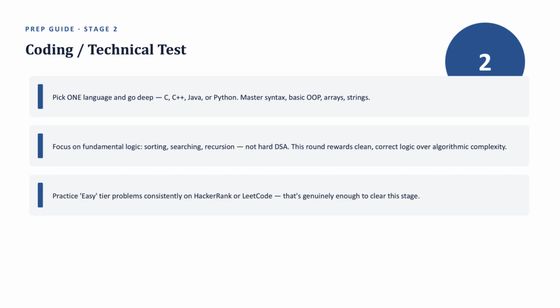The next one is the coding or technical test. Pick any one language and actually commit to it: C, C++, Java, Python, whatever you are most comfortable in. You need solid syntax, basic OOPS concepts, arrays, strings, and fundamental logic, sorting, searching, and recursion. And here is some good news: it isn't a brutal DSA grind like product company technical interviews. HCL's coding round leans towards clean, correct logic over algorithmic complexity.